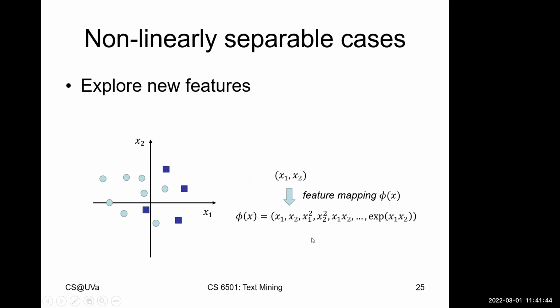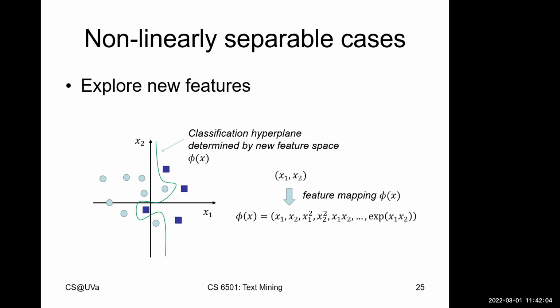And generally, if you look at code in existing packages, they've got your original x1, x2, and your x1 squared, and x1 times x2, and e to the x1 times x2, all sorts of things to allow you to get really oddball boundaries. But that oddball boundary is a hyperplane in this increased dimension space.